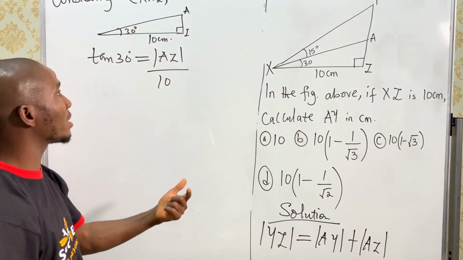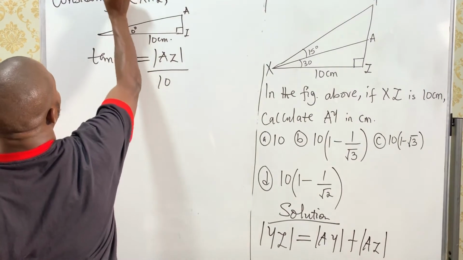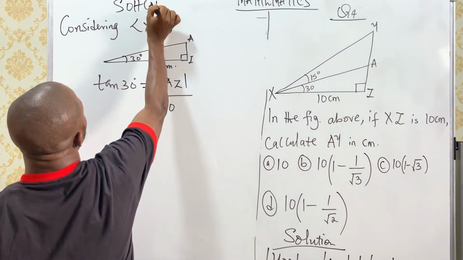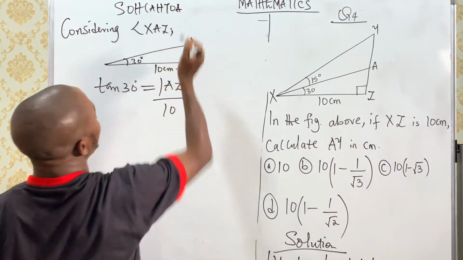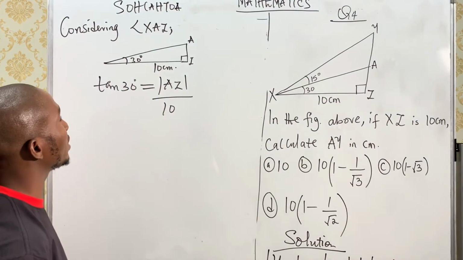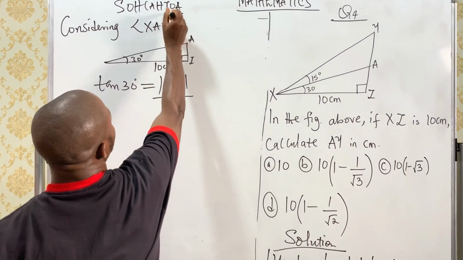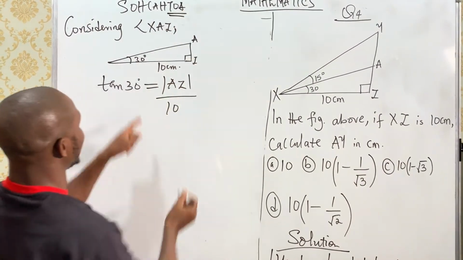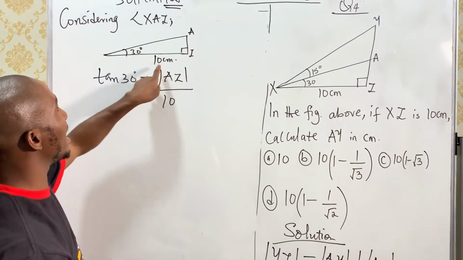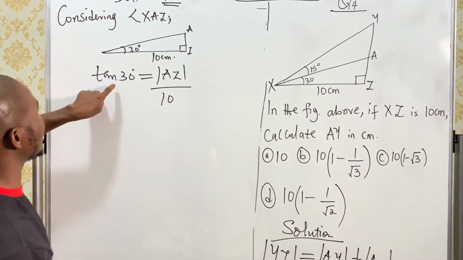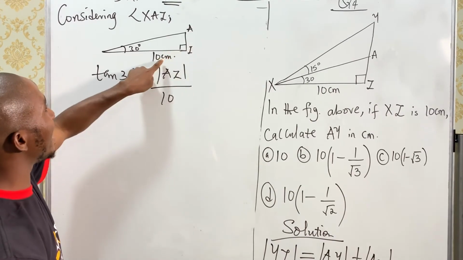Do you remember our SOHCAHTOA in our trick? SOHCAHTOA. This topic has been treated before in our previous video, so you can check that to understand the topic better. Tan is opposite over adjacent. That is tan. That's tan 30, opposite over adjacent.